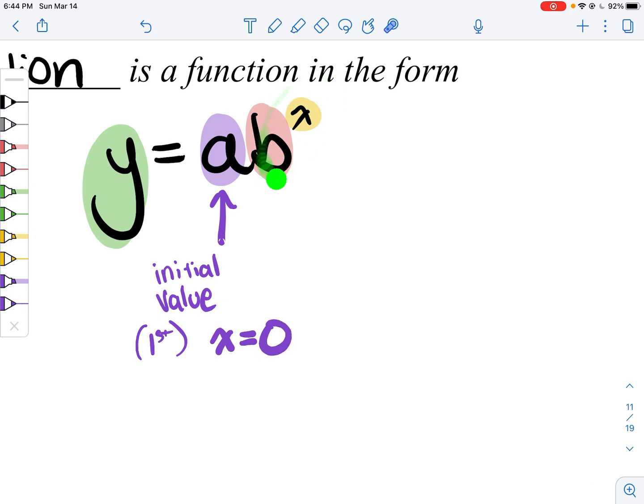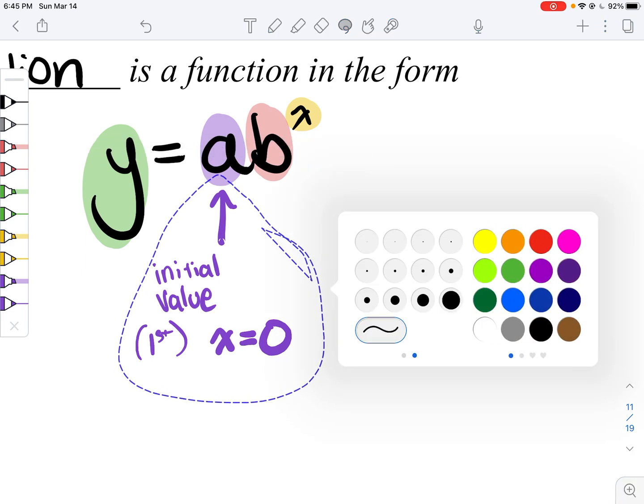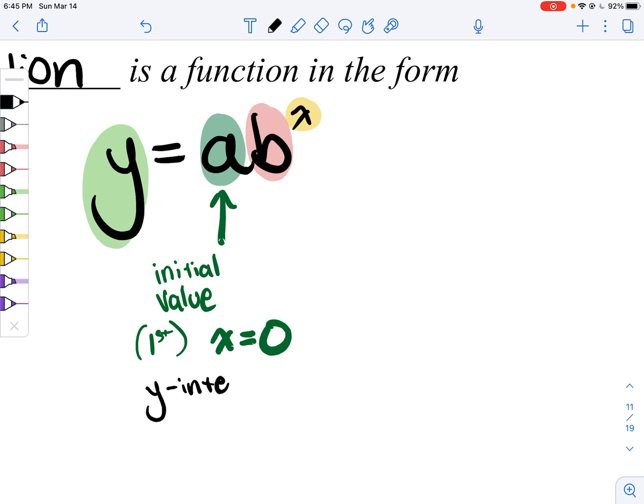Because if x equals 0, then this expression right here becomes 1, and 1 times whatever is going to be that thing. So our y value, when x equals 0, we call that our y-intercept. Crazy, right? So a is actually going to be equal to your y-intercept. Fun fact, that's so fun.